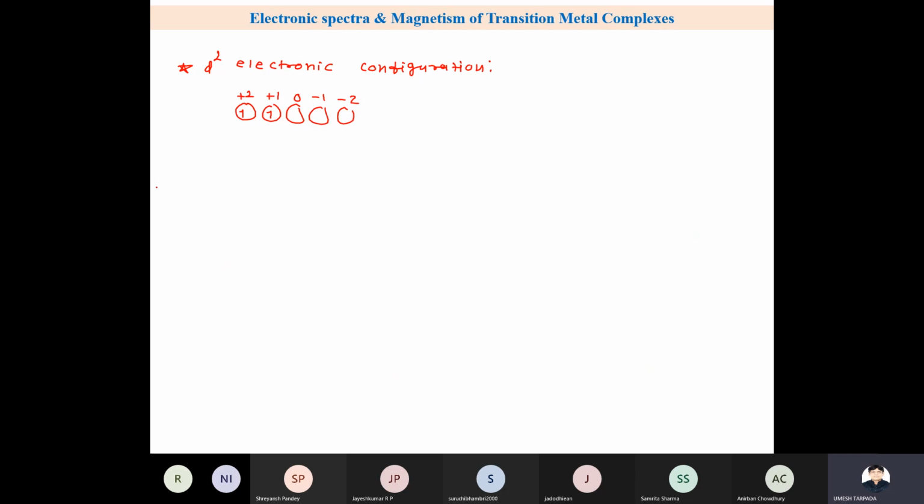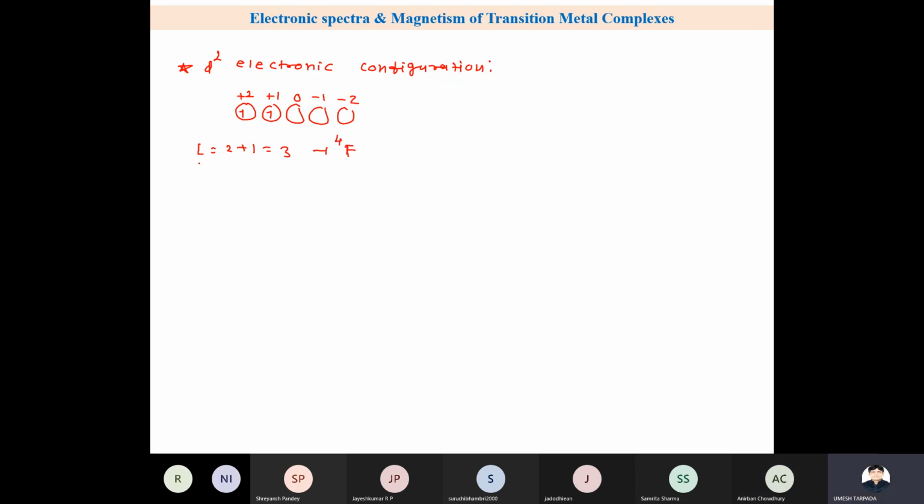So what is the multiplicity with term? F. Yes, it is an F term, that is L is equal to 2 plus 1, that is 3. So it is an F term. What F? Of course 2 electrons are there, so it's a triplet F.